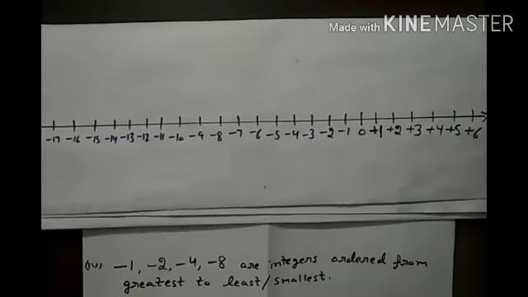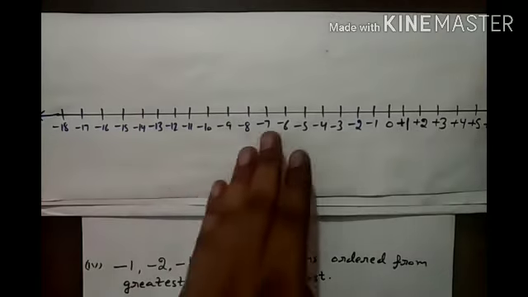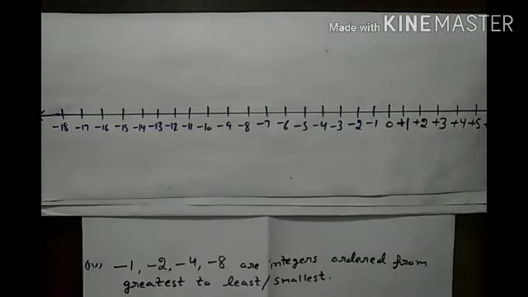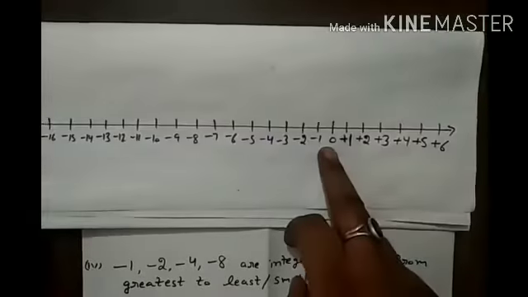So, the line is limitless. If the line is limitless, therefore, you can write so many negative integers and they are countless. Therefore, this is to say that 0 is smallest.